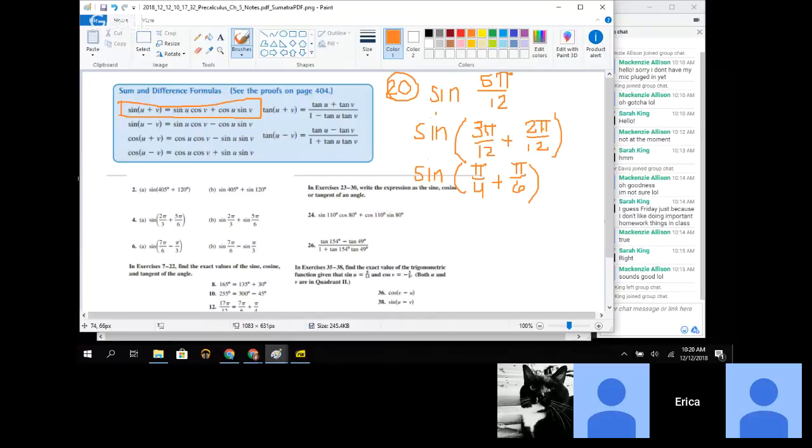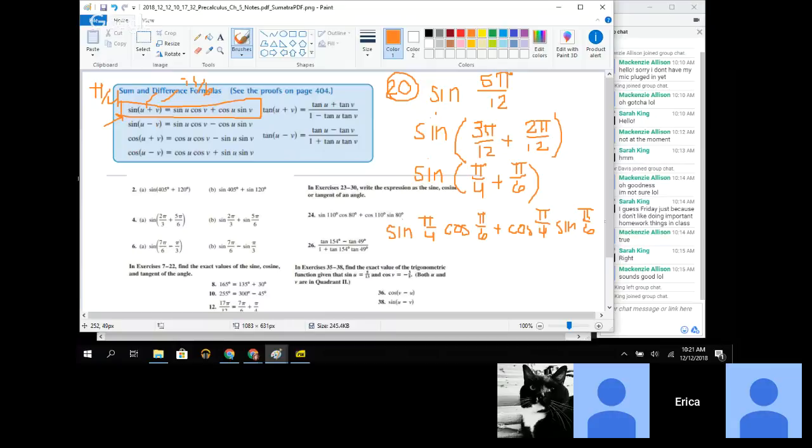I have the sine of pi over 4 plus pi over 6, and I can rewrite that as the sine of pi over 4 times the cosine of pi over 6 plus the cosine of pi over 4 times the sine of pi over 6. In this case, u is pi over 4 and v is pi over 6.